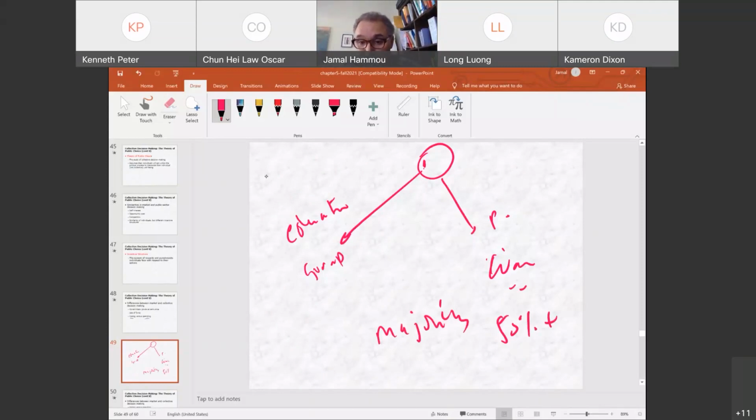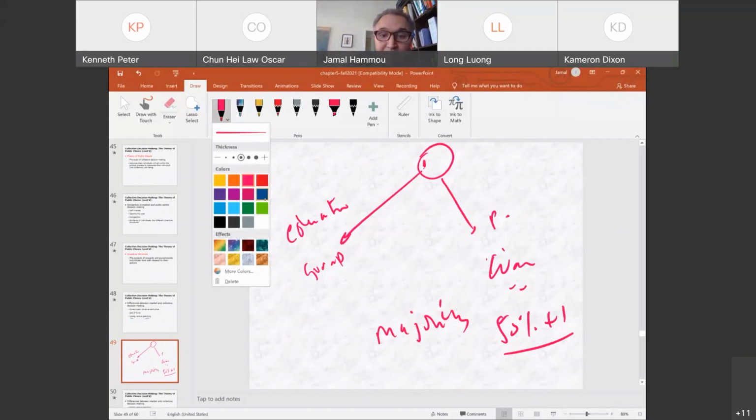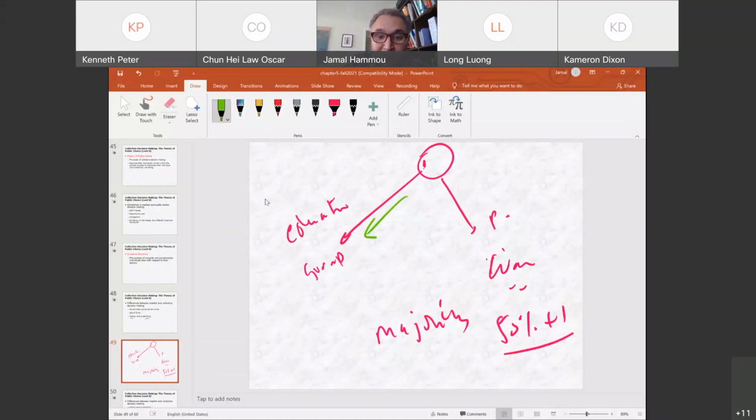That's all we need. If 50% plus one voted for the political party that wants to spend the money on education, the money will be spent there. Now you are using your vote as a tool for making decisions.